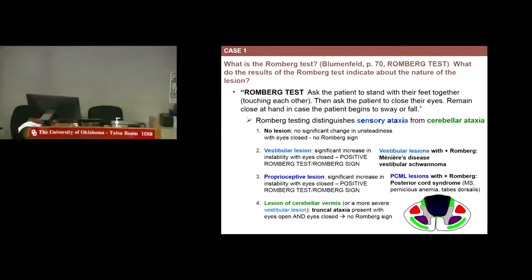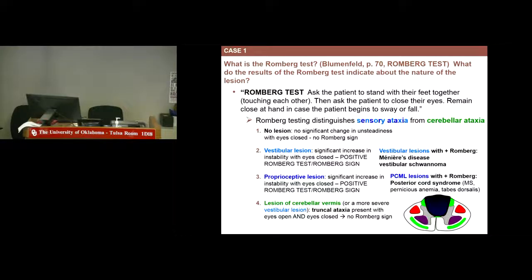These 2 are going to be worse when you close your eyes. This one, like that kid couldn't even stand with his feet together, right? So he's got some serious instability when he tries to stand with his feet together, but it doesn't make any difference whether his eyes are open or closed, because if the cerebellum is no good, you can't coordinate.